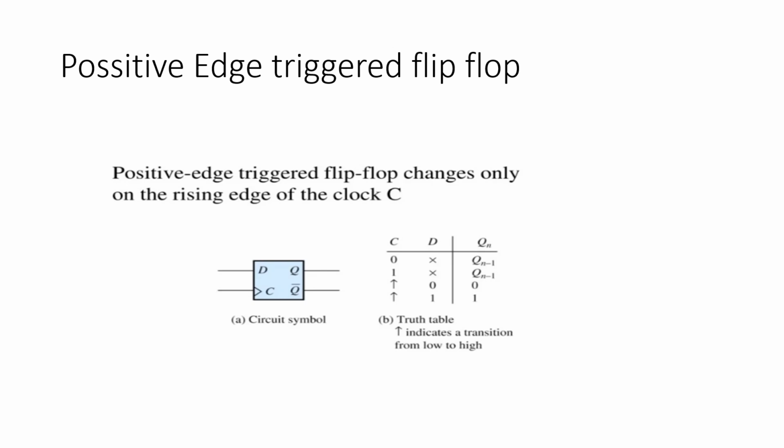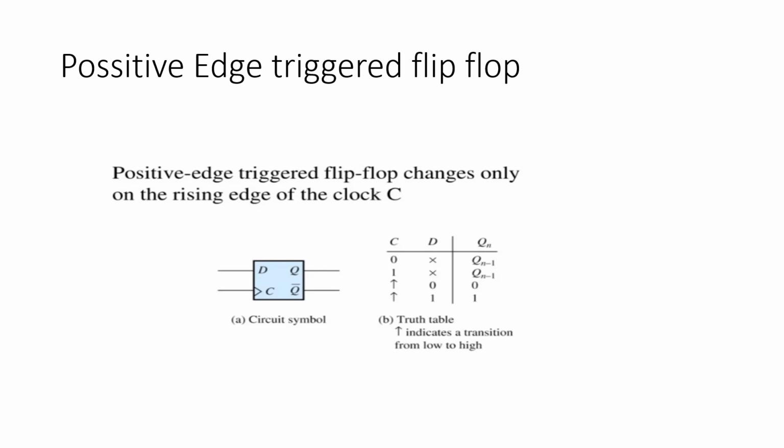When clock changes from 0 to 1, only at this instant does the flip-flop read the input. Initially Q is equal to 0 and if clock rises from 0 to 1, if D is equal to 1, then Q becomes 1. After that, even if D changes, Q remains unchanged until the next rising edge.